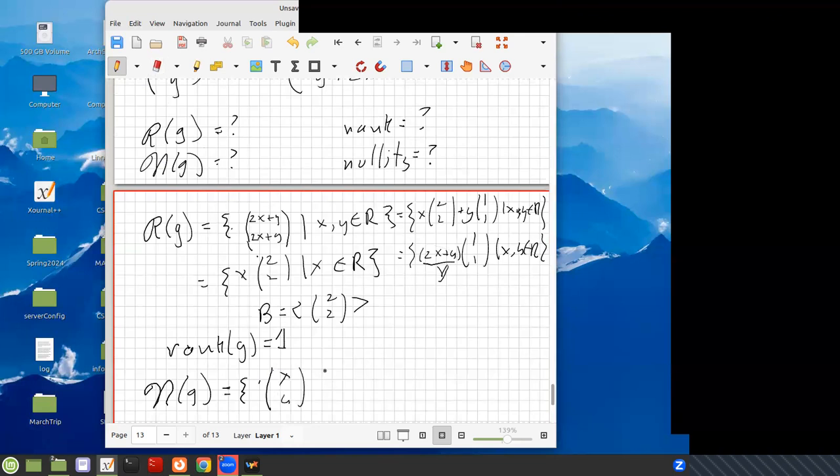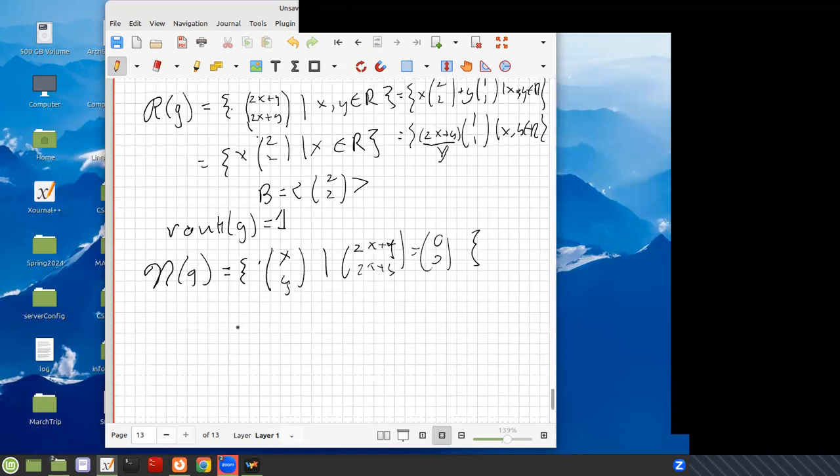Yeah, sorry about that. No, you're good. Such that 2x plus y equals 0, or y plus 2x equals 0. Oh, yes. And then that reduces to X equals negative y over 2.